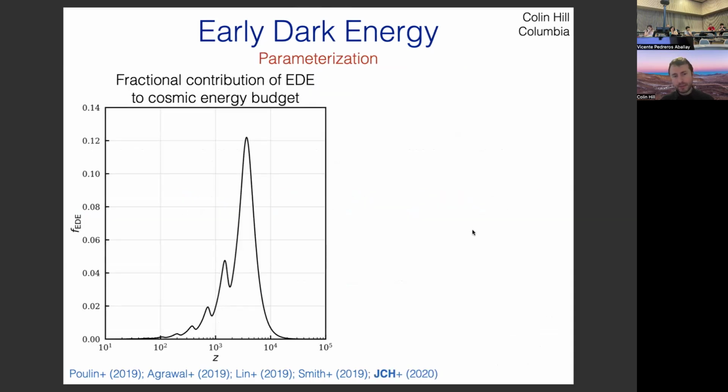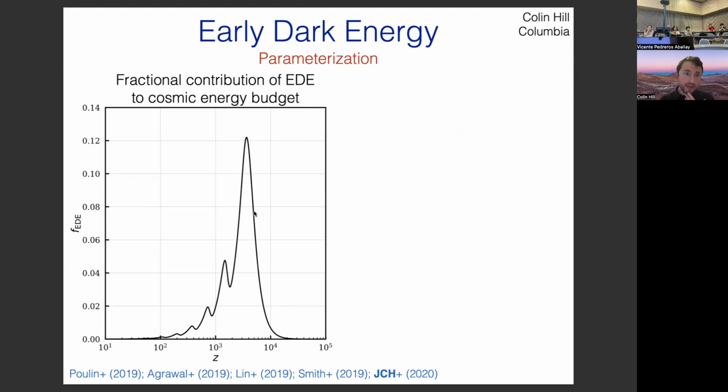So here's a picture that perhaps tells the story in a little more detail. What I'm showing on this graph is the fraction of the cosmic energy budget that's stored in this early dark energy field as a function of redshift. This is for a model that can have a significant impact on H naught that you measure from the CMB.